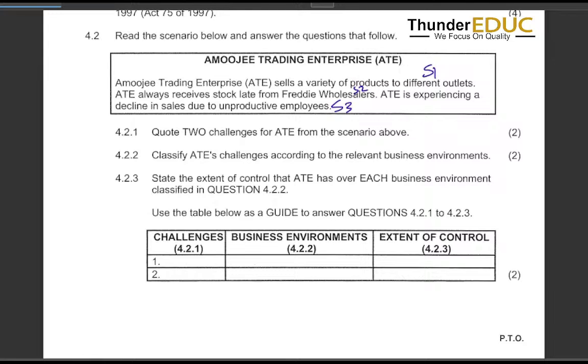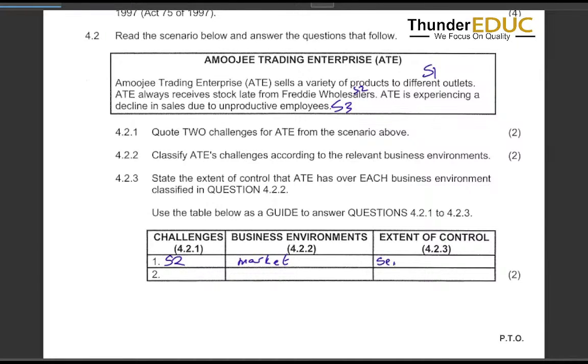The second sentence says AT always receives stock late from Freddie wholesalers. So it means Freddie wholesalers in this regard is the supplier, and this falls under market environment. So now here we have the challenge as sentence 2. We have a market. But remember, grade 12, you don't write sentence 2. You write the whole sentence exactly the way it does appear.